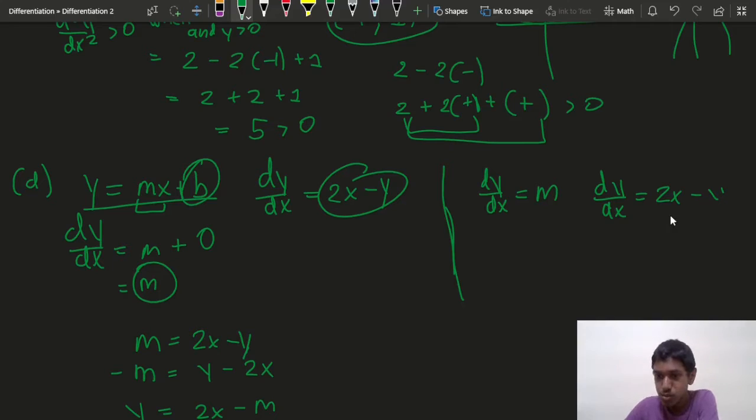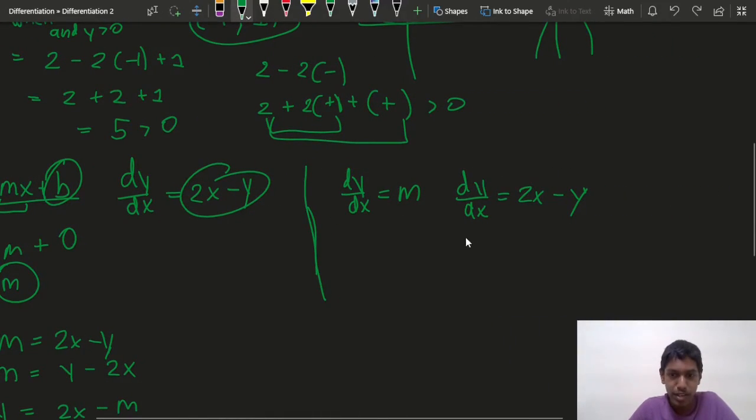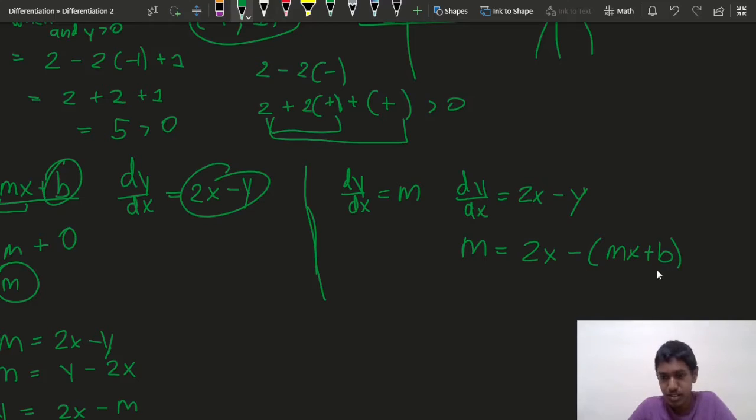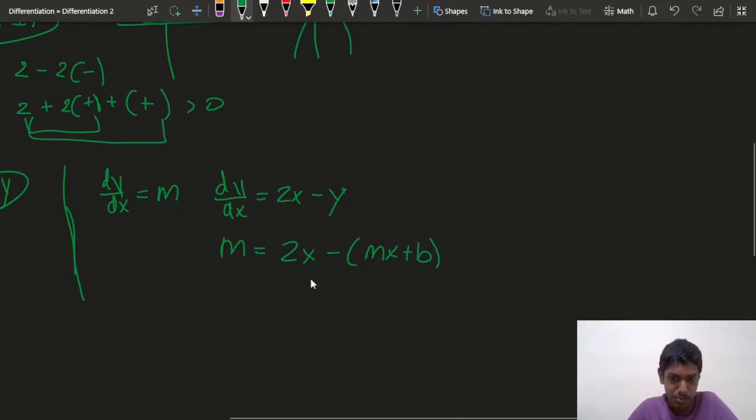So we're going to leverage the fact that dy/dx is m. But then when we write y, we're going to write mx plus b, because that's what it is. We're trying to find some y equals mx plus b. So now we're going to just distribute the minus 1.